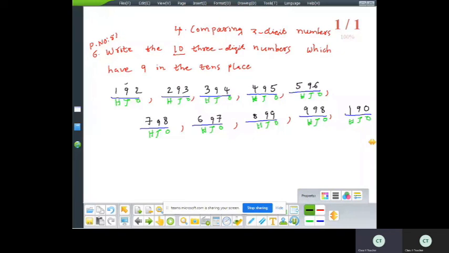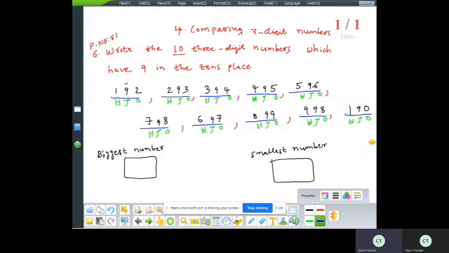Here you are asking the biggest number, and also asking the smallest number.